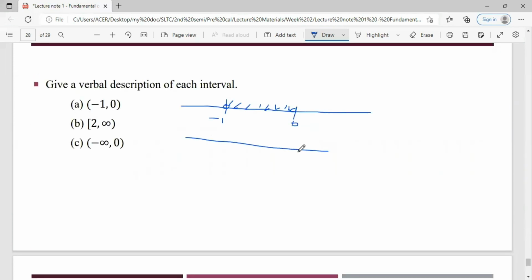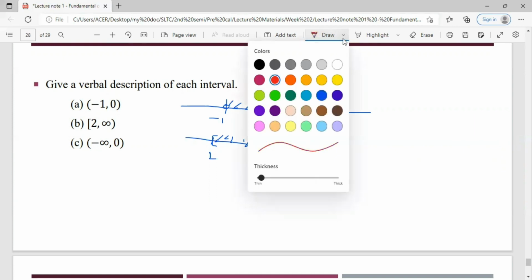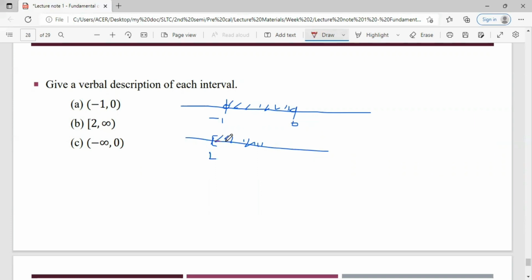If we draw a number line, we mark 2 with a closed bracket, then color this side, and that one goes to infinity.